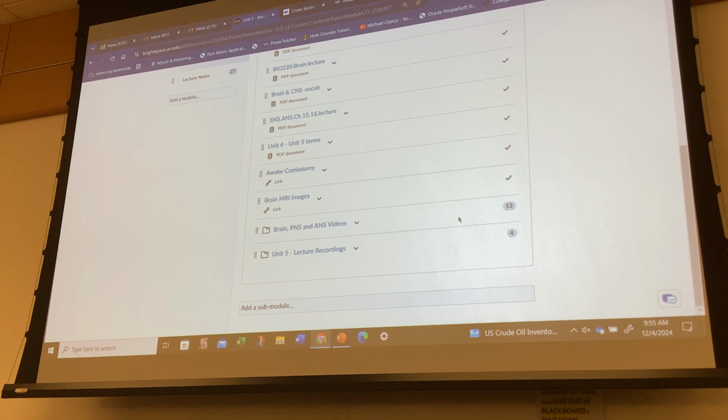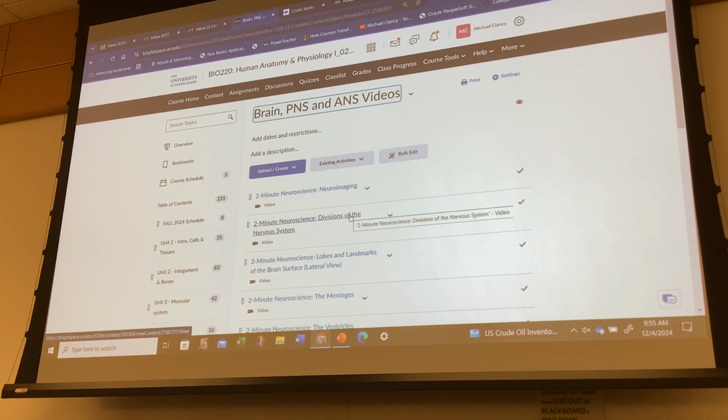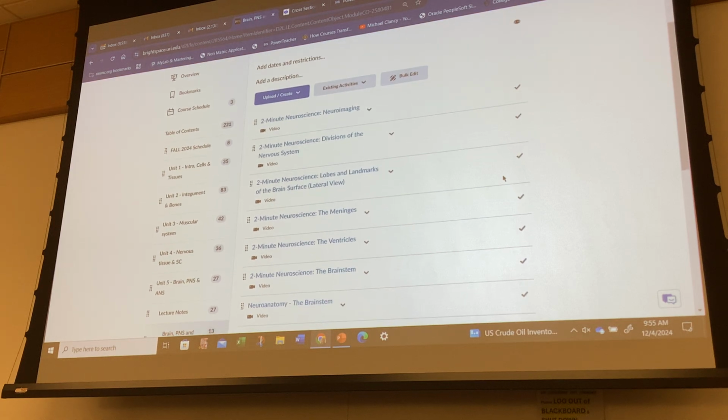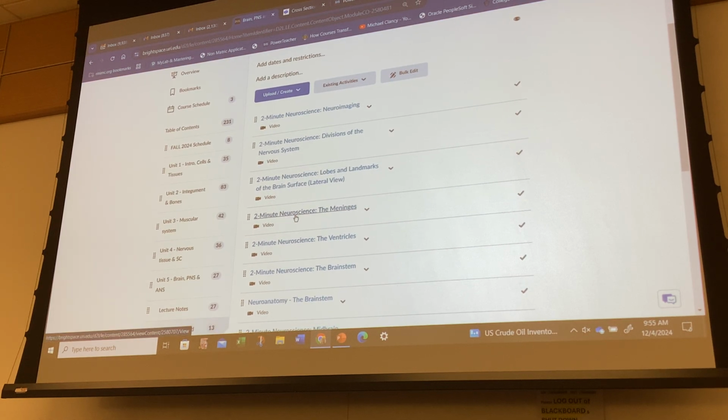So another thing I want to show you is this structure right here. Let's see. There's a bunch of videos that I can show you. So we're not going to watch all of them, but I want to watch a couple.